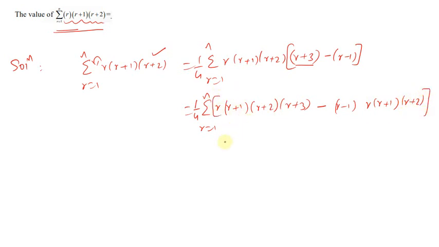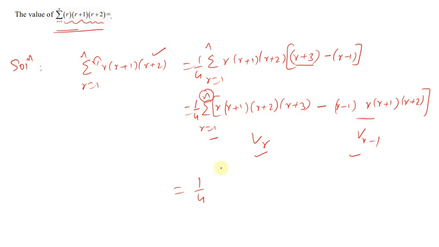Okay, you got it like this. Now you can easily identify, if this is V r, this is V r minus 1. Replacing r with r minus 1, this will become (r minus 1), (r plus 1), (r plus 2). So whenever you are getting sigma notation for V r minus V r minus 1, you have to substitute the upper limit in V r and the lower limit in V r minus 1.